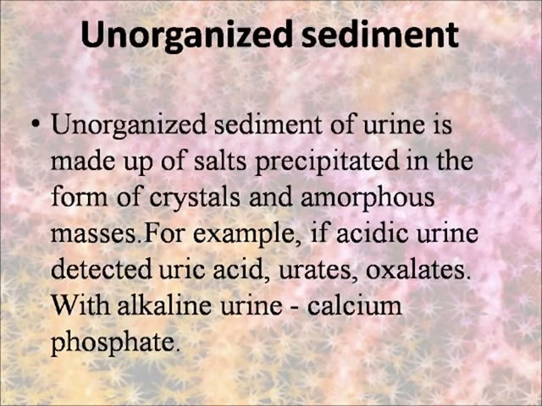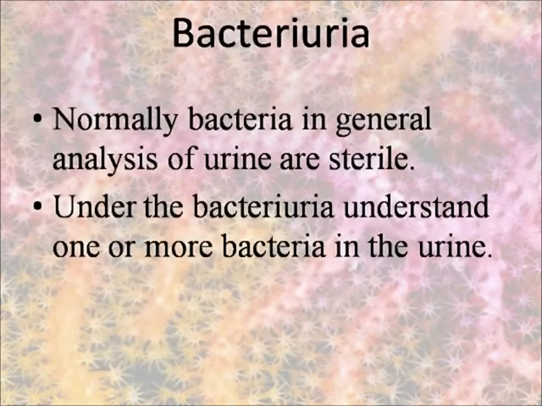Unorganized sediment. Unorganized sediment of urine is made up of salts precipitated in the form of crystals and amorphous masses. For example, in acidic urine, uric acid, urates, and oxalates are detected. With alkaline urine, calcium phosphate is detected.